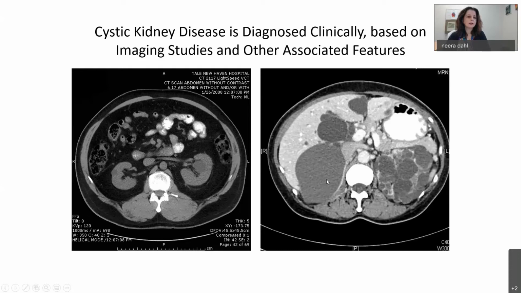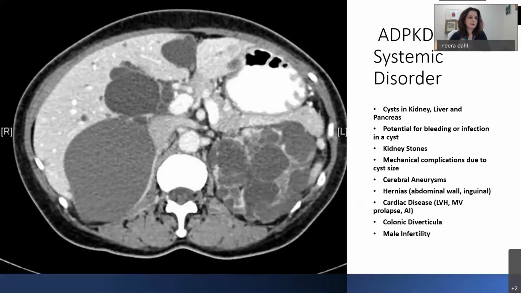So ADPKD is really a clinical diagnosis made on the basis of imaging and the features that are present with the kidney cysts. It's a systemic disorder, so there can be cysts in the kidney, liver, and pancreas. There's potential for bleeding or infection into a cyst. There can be kidney stones or complications due to large kidney sizes.